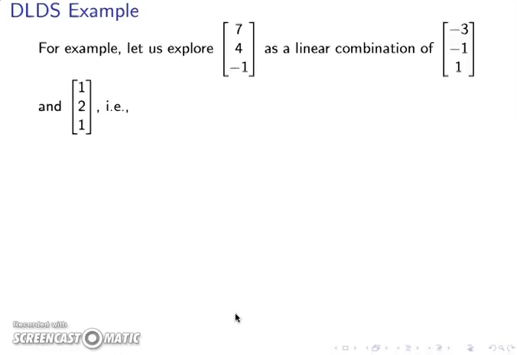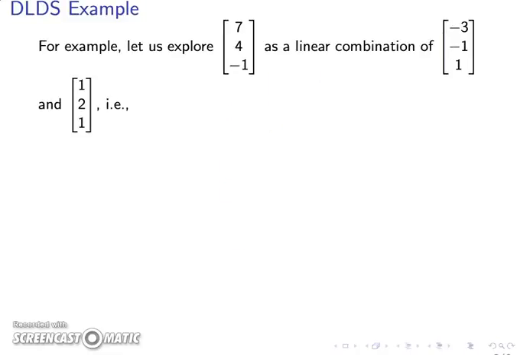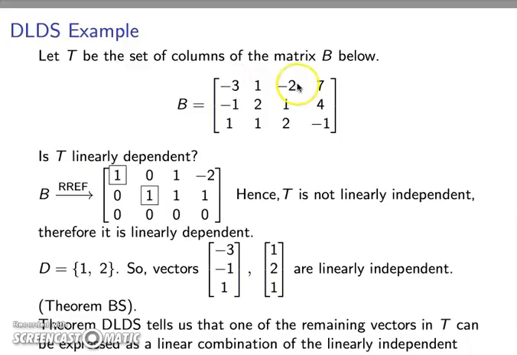So let's explore how we can make this vector, 7, 4, -1. Remember, this is one of the column vectors of this matrix.